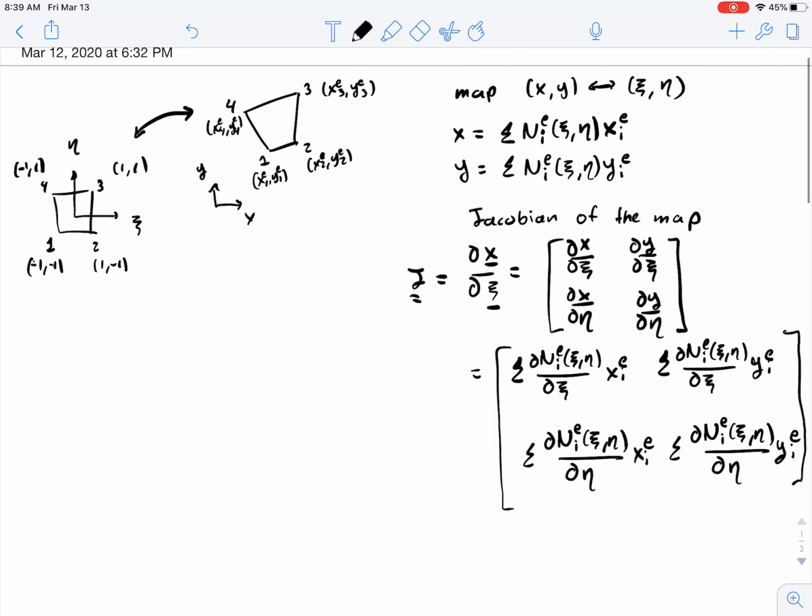So given the shape functions and the xy coordinates, I can get the map and the Jacobian of the map. That's all I need.